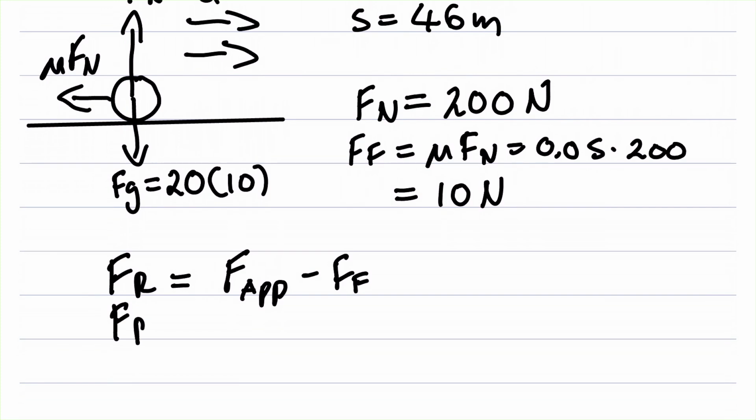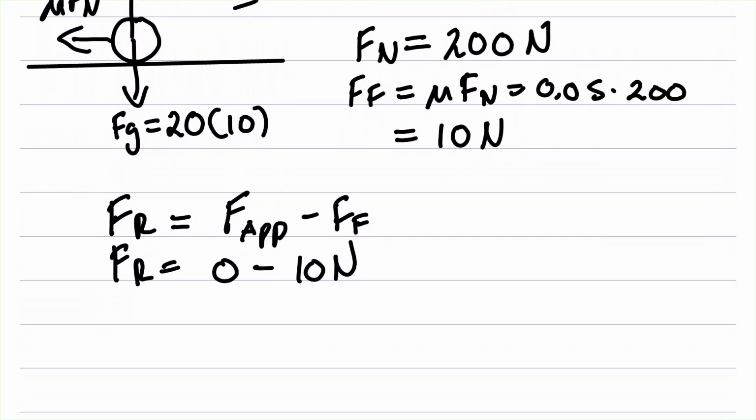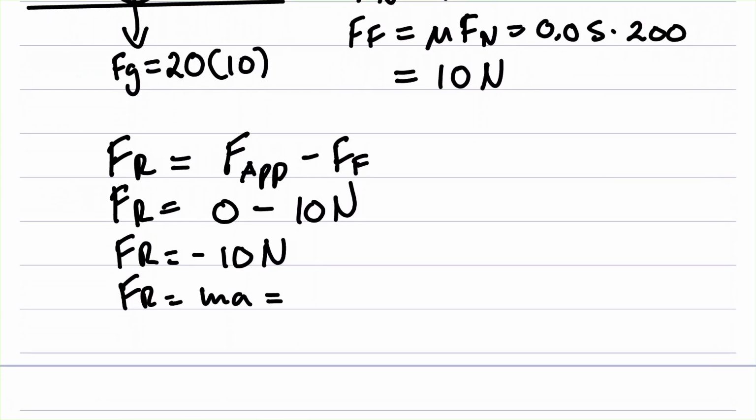Applied force is 0, frictional force is 10 newtons, so our resultant is negative 10, and we know the resultant force is always made up of mass times acceleration. Our mass is 20 kg, so 20 times a equals negative 10.